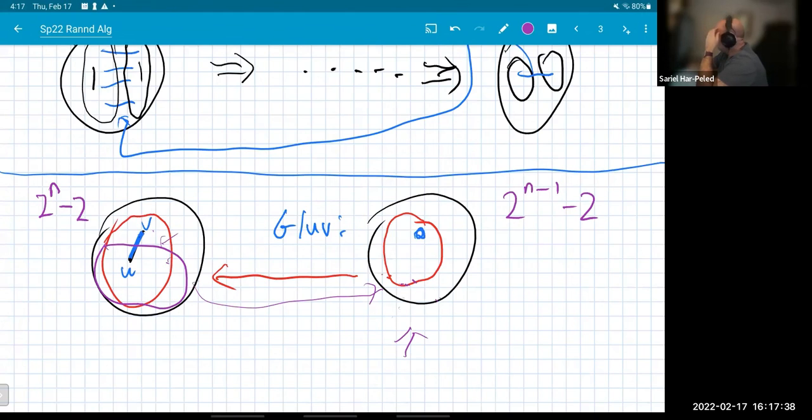If we don't contract the min cut, then the min cut is still there. So we did not change the min cut. The min cut on the left side and the right side is the same, right? And that's why this idea of the oracle always giving us an edge not in the min cut works. Okay. So that's the plan of attack.